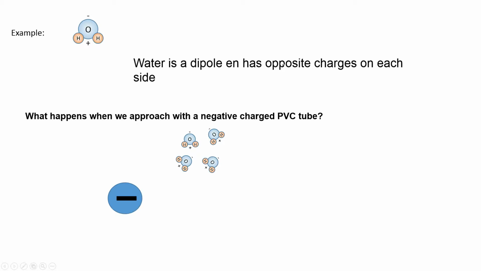So here are attractive forces and here are repellent forces. But the attractive forces, because they are closer, will win. So the molecules will slightly move towards the negatively charged tube, causing the water flow to go like this.